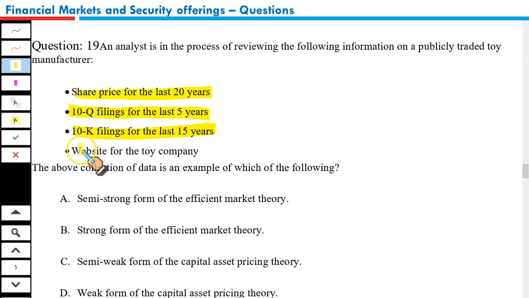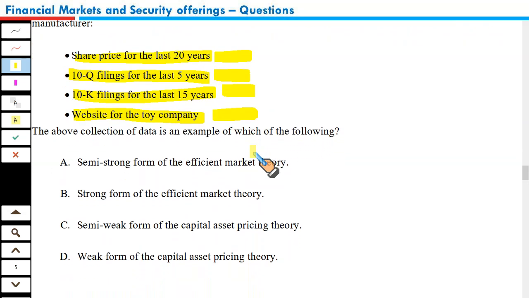And then the fourth one is the website for the toy company. So this is clearly all information that is in the public domain. Nothing private here. The above collection of data is an example of which of the following? Let us be very clear on this. This is public, public, public.